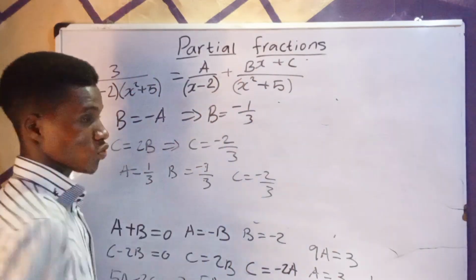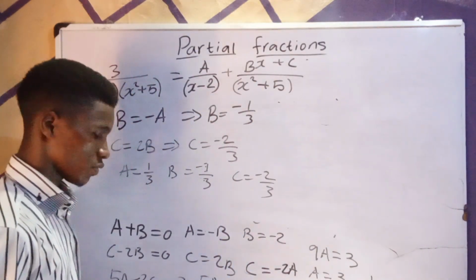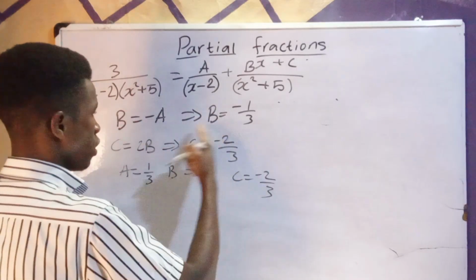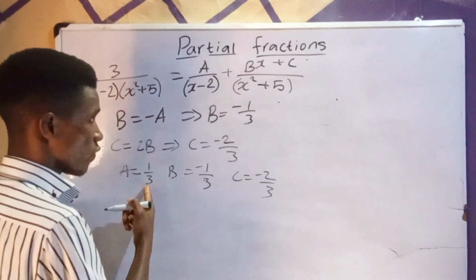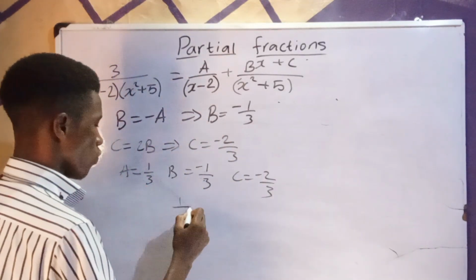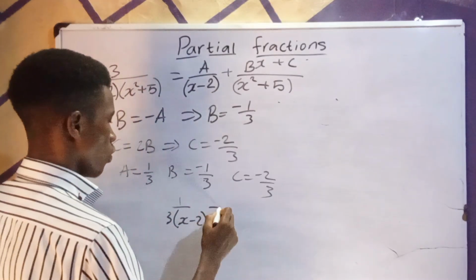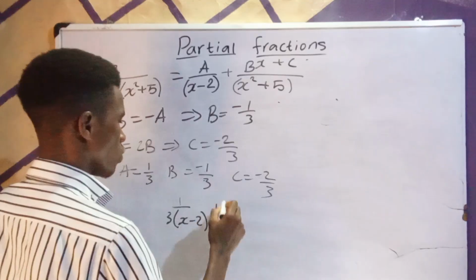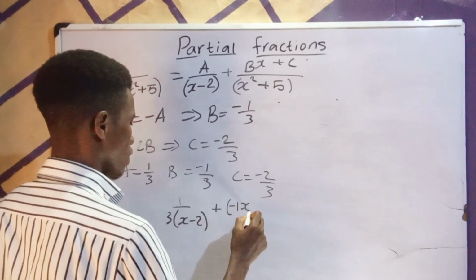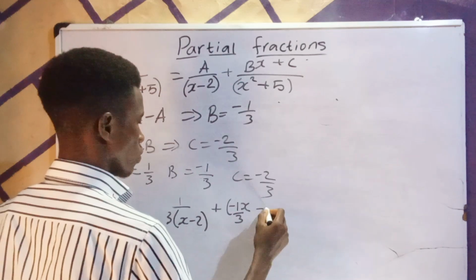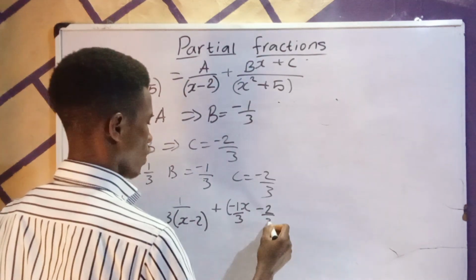So we can proceed to substitute here, and that's our partial fraction. When we substitute this value here, a is 1 over 3, right? So having 1 over 3 into x minus 2 plus b, which is minus 1, so we're having minus 1x over 3. Then c is minus 2 over 3.